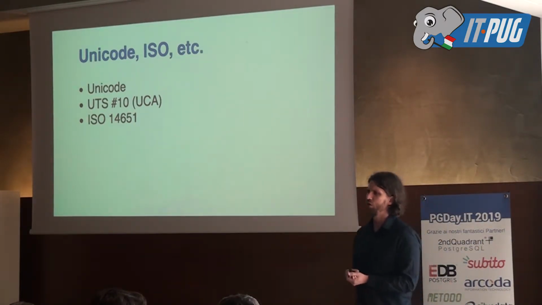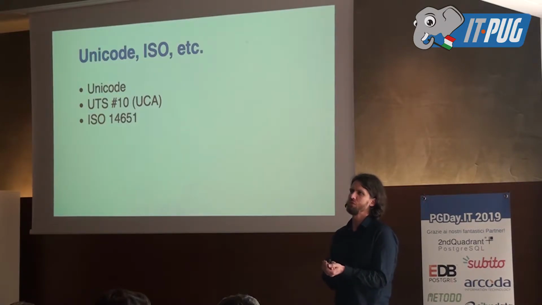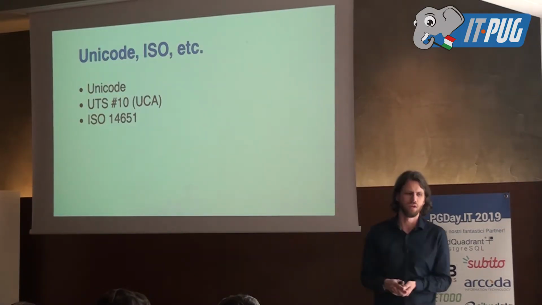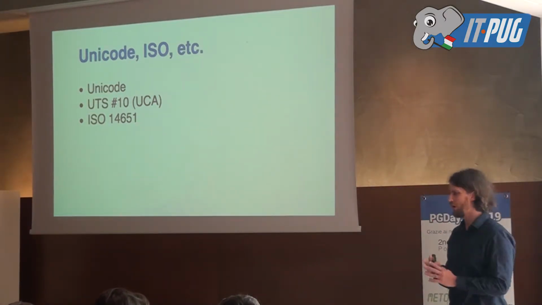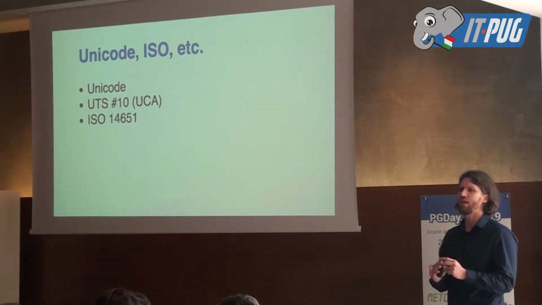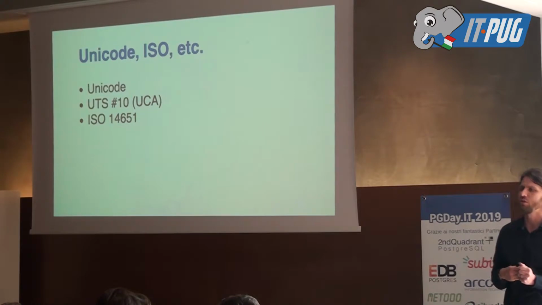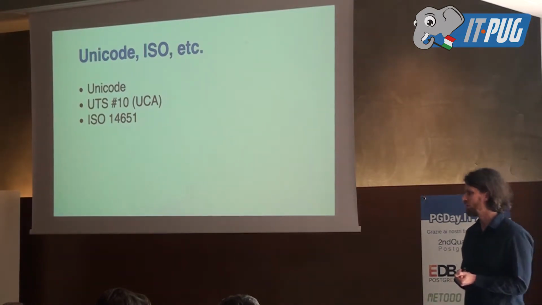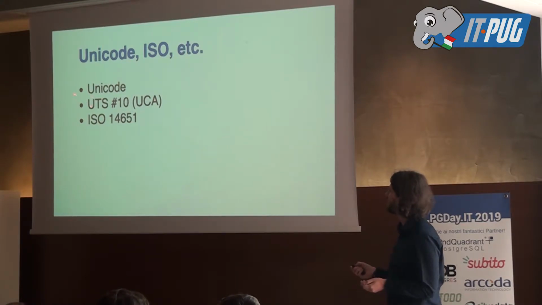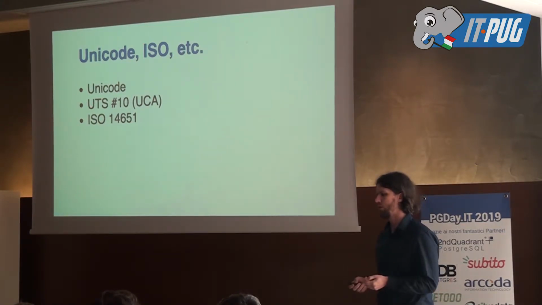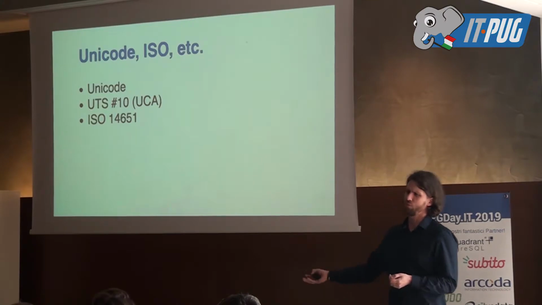Unicode itself, the standard, is mostly about characters. It has thousands of characters, and it defines how to display them and what properties they have. That's Unicode. But outside of the core Unicode standard, there are also a number of additional standards documents, called Unicode Technical Standards. This is what UTS stands for. Sometimes they're called Unicode Technical Reports, UTR.